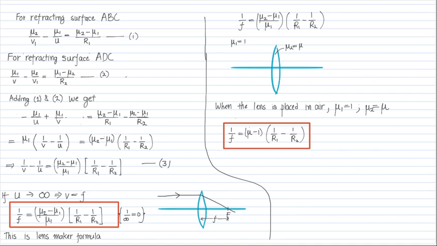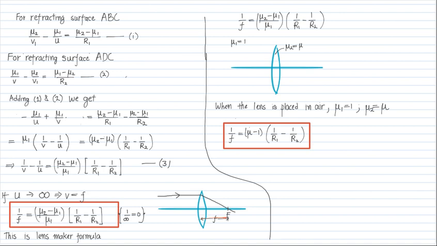After deriving the lens maker formula, we applied some special conditions. The first condition was when the object is placed at infinity, as shown in this figure. If the object is placed at infinity, the image is formed at the focus of the lens.